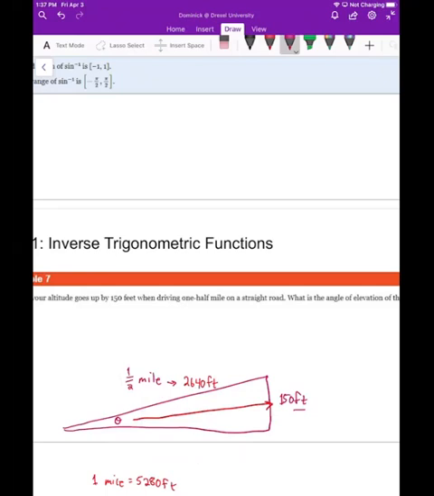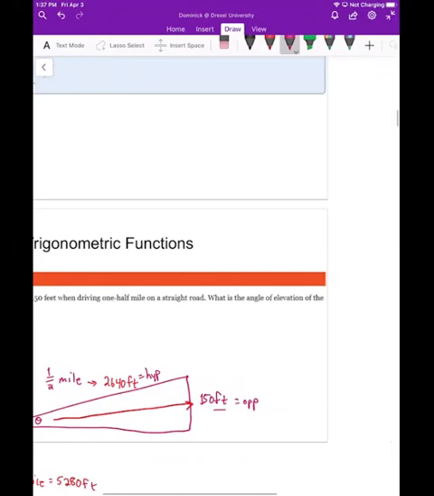So 150 feet would be my opposite side, and this would be my hypotenuse. So then I could say that the sine of my angle is 150 over 2,640. And then if I convert this, I would say that my angle is the inverse sine of 150 over 2,640.